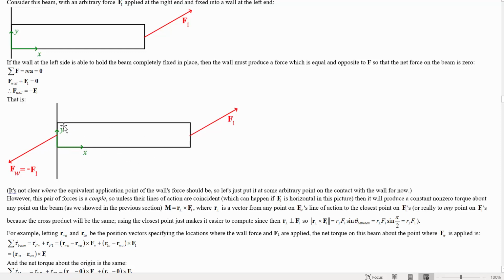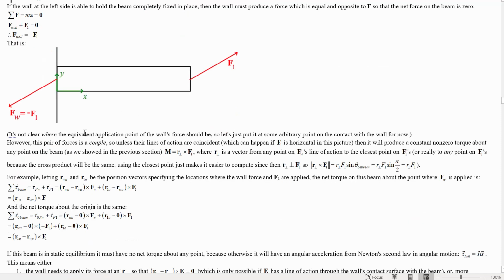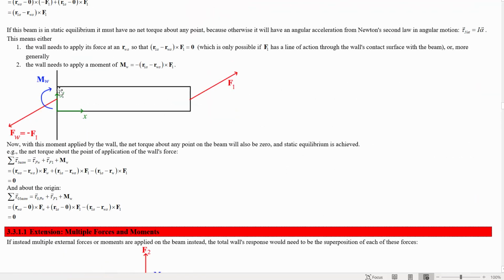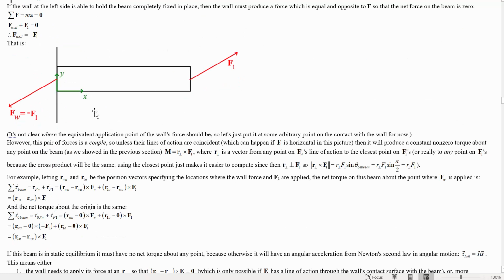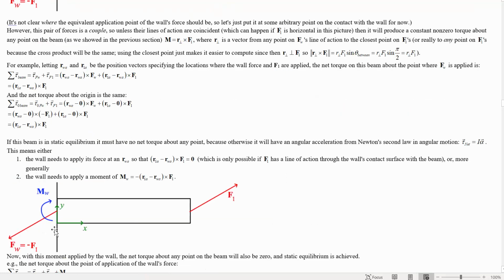Because if it doesn't produce its own moment to cancel out the moment that's provided by this couple of forces, then we're going to have a net torque on it, and it's going to angularly accelerate, in this case in the clockwise direction. So the wall also needs to produce a moment in the clockwise direction to cancel this.